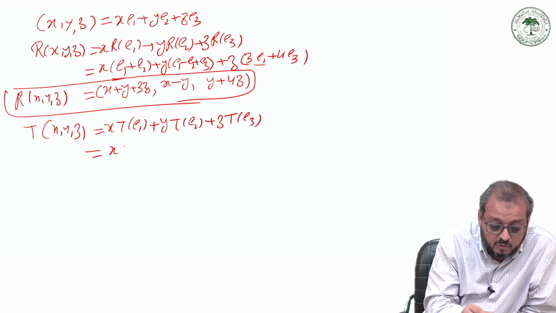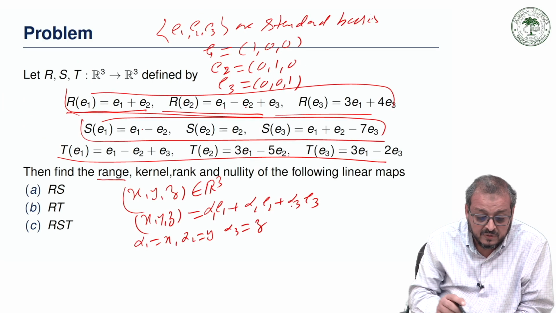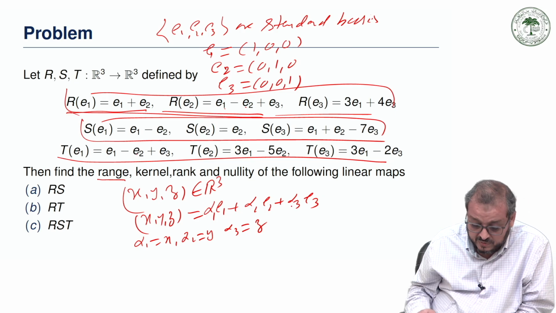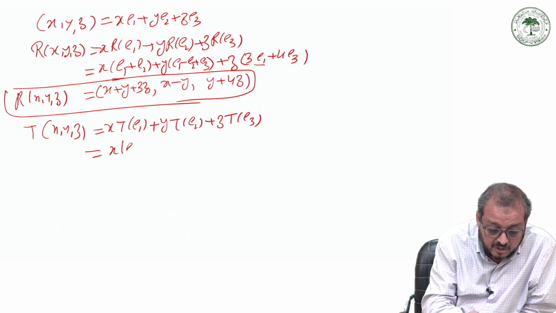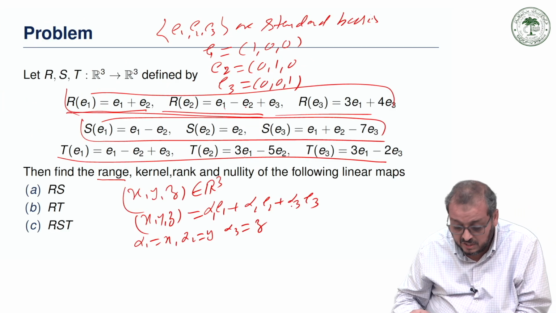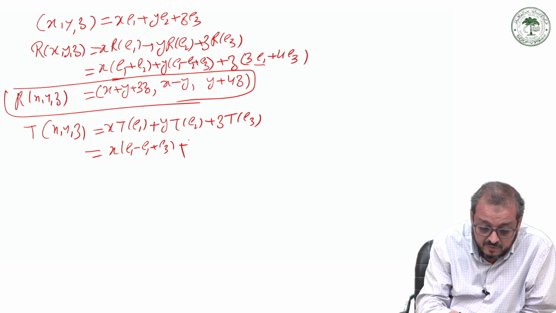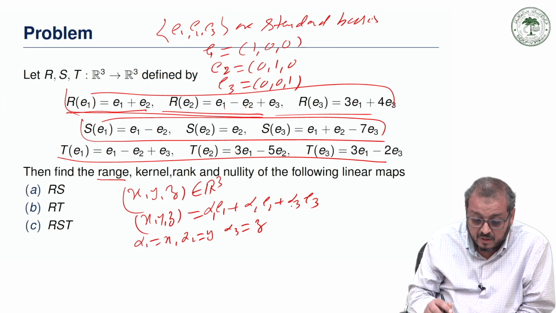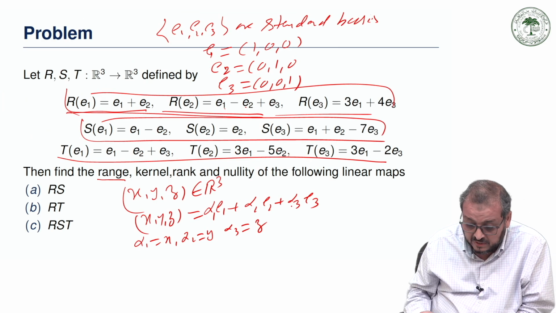Then we have to substitute the values for T of E1. T of E1 is equal to E1 minus E2 plus E3. T of E2 is equal to 3 E1 minus 5 E2, so we have y times (3 E1 minus 5 E2).